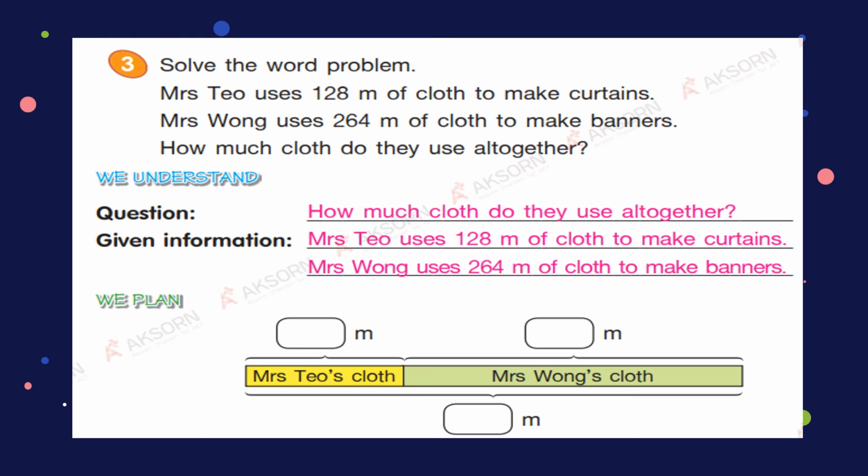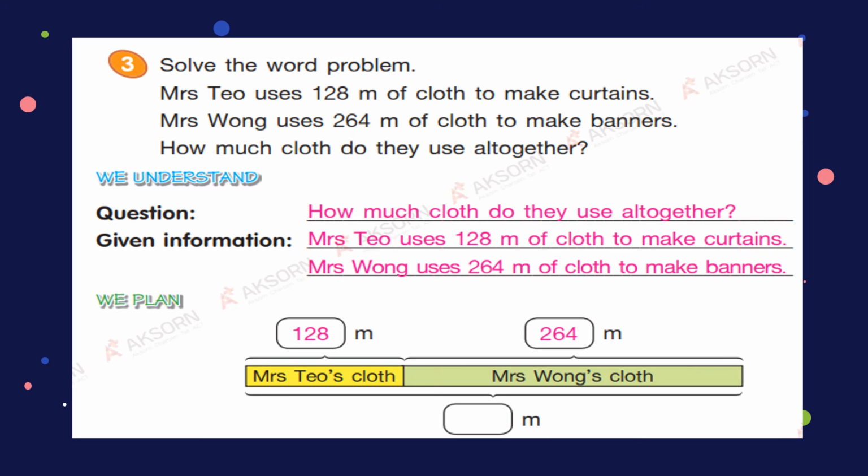Now that we are done with the question and the information, we're going to plan the problem. Mrs. Teo's cloth is 128 meters, so you're going to write 128 for Mrs. Teo's cloth and 264 meters of cloth for Mrs. Wong.